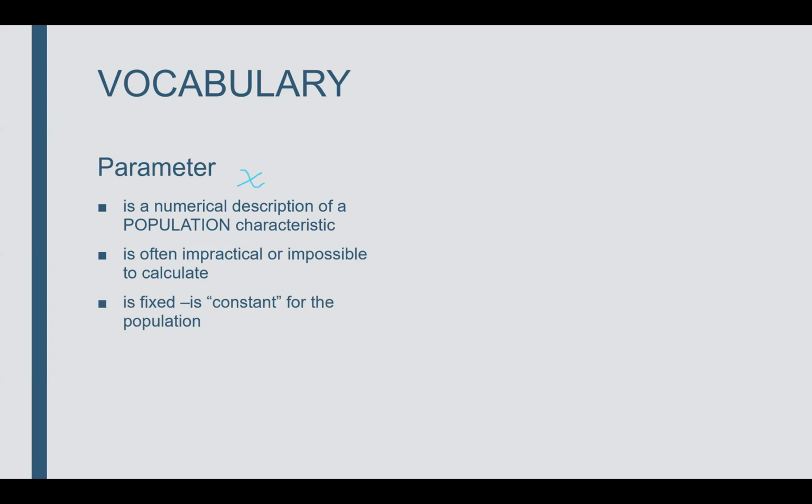The parameter tends to be fixed. If we're looking at the same big picture focus every time, then the value of that characteristic isn't going to change. So the parameter tends to be fixed or constant, remains the same for the population.